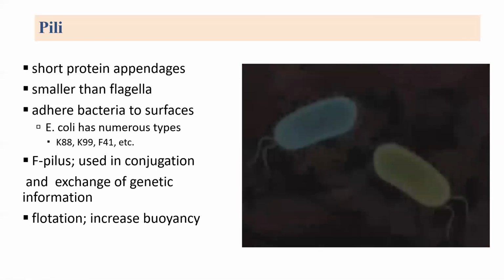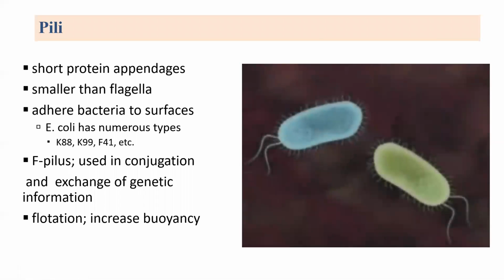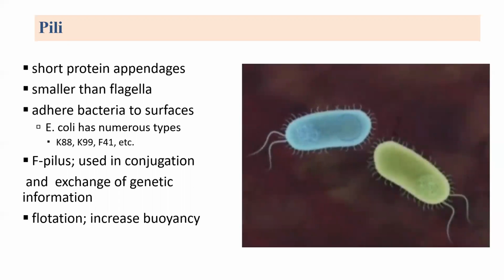Here we can see how the conjugates come close with the help of pili. They form the conjugation bridge, and it is responsible for flotation and for increasing the buoyancy also. So a bridge is being formed.